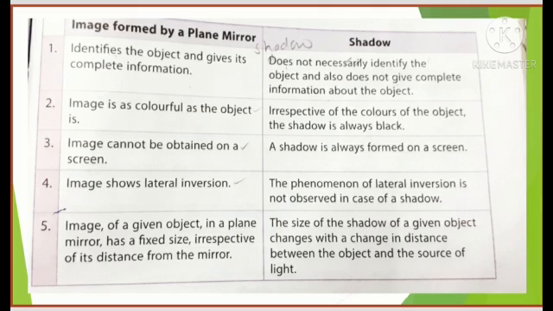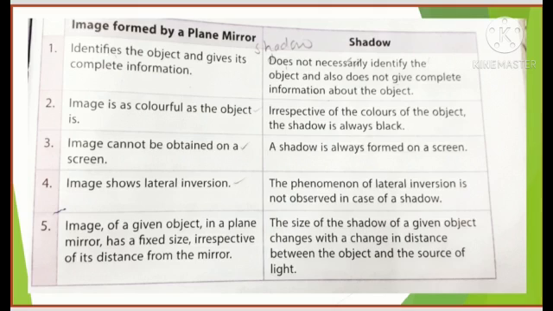Images cannot be obtained on the screen, while the shadows can be obtained on the screen. Images show lateral inversion, but such a phenomenon is not observed in case of shadows.